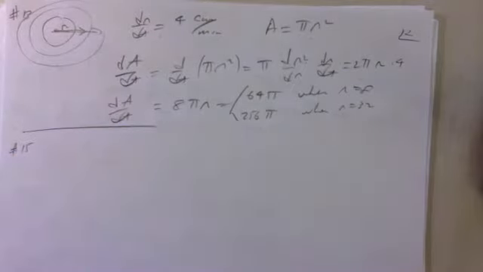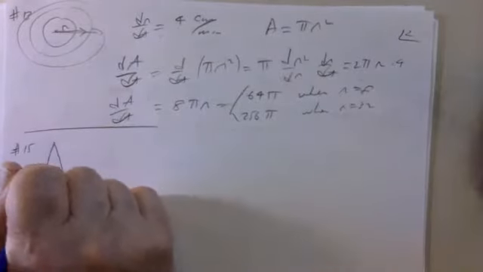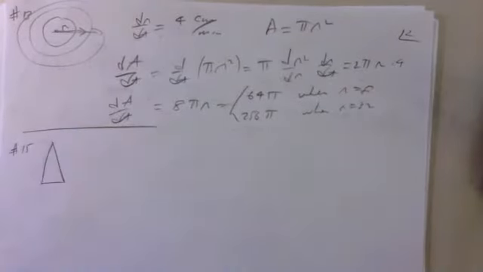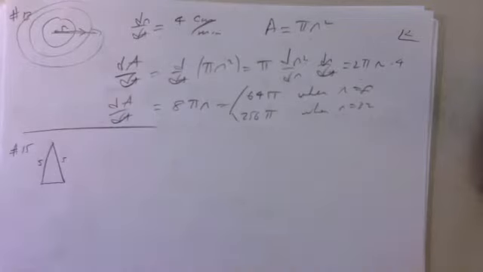Number 15. There's another problem about area, this time about the area of an isosceles triangle. So we have an isosceles triangle. That means a triangle where two sides have the same length, and the length of the two sides is S. And that is constant.